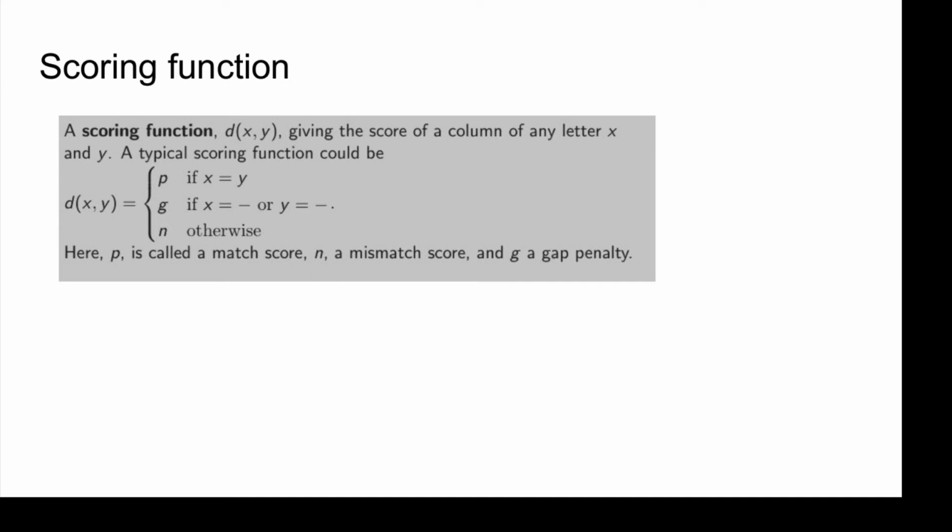If there's a gap in one of the two, so if you see either an insert or delete in this position, then you give this position a gap penalty. And if there's not a match in the position, and not a gap or any kind of gap, then you have a mismatch, and you set yet another score for that.